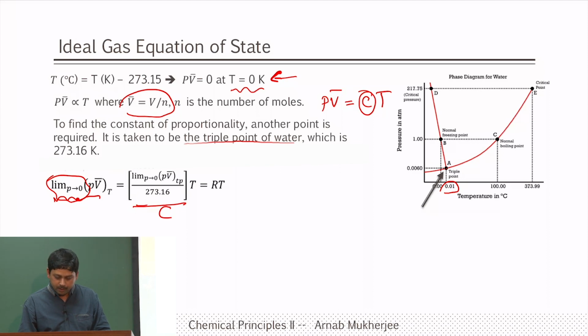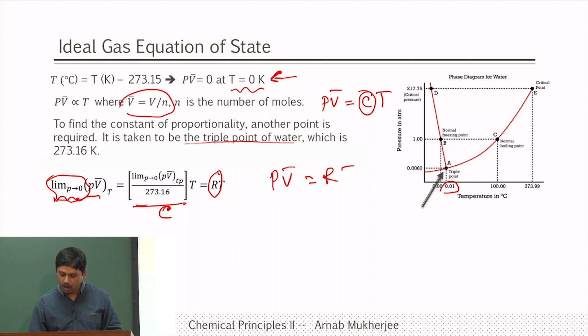So, this C is a ratio of these two quantities, and it happens to be universal for all gases, which is called the universal gas constant R. So, that is how we now have PV equal to RT when we take any gas which is dilute.